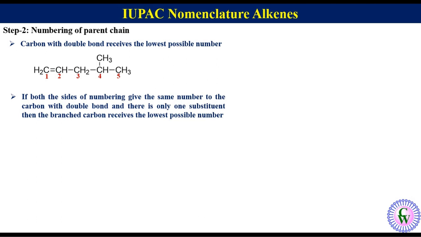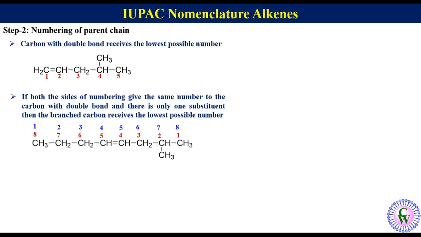For example, in this molecule, numbering from left to right and right to left both give the same number to the alkenic carbons. And there is one branched carbon atom in this molecule. Since numbering from right to left gives lower number to the branched carbon, so right to left numbering will be the correct numbering.